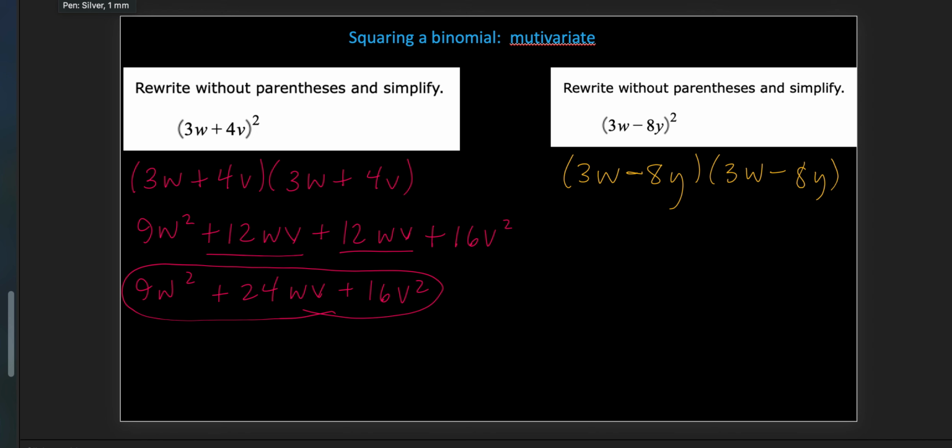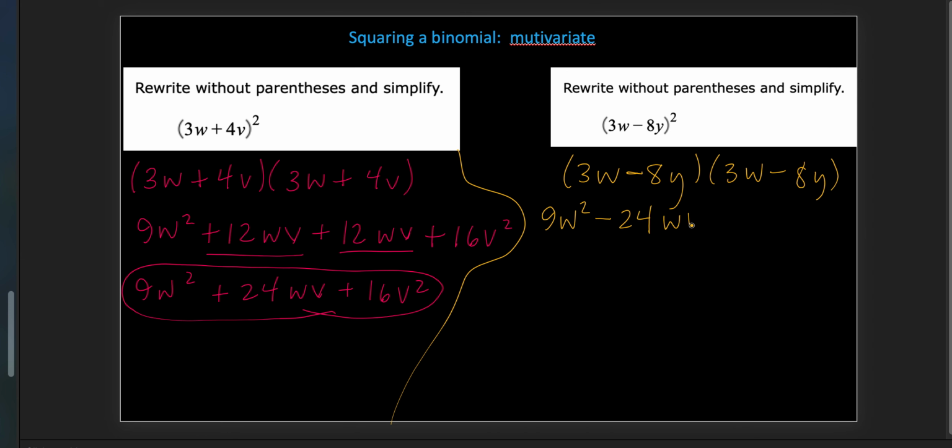And then the other problem's the same thing, use the FOIL process. So the first positions are the 3w and 3w, and that's 9w squared. Then the outer is 3w times negative 8y, so that'll be a negative 24wy. And the inner is negative 8y times 3w, so that's a negative 24wy.